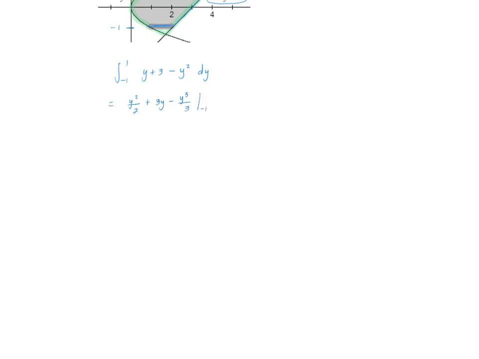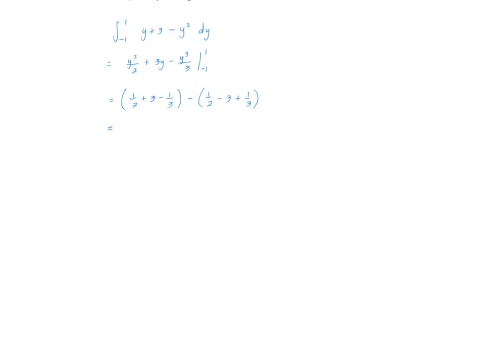We're evaluating from -1 to 1, which gives us 1/2 plus 3 minus 1/3, so upper, minus the lower limit of integration is -1, so that becomes a positive 1/2 minus 3 plus 1/3. And after doing our math, we should get 16 over 3.